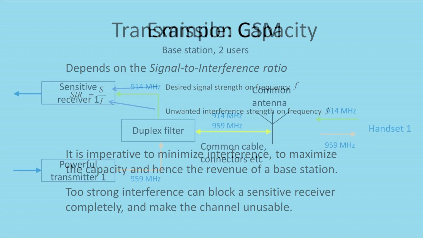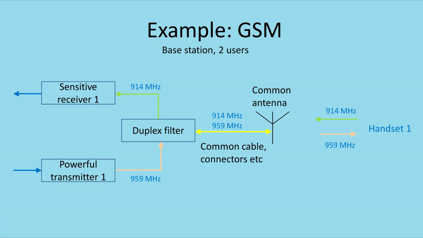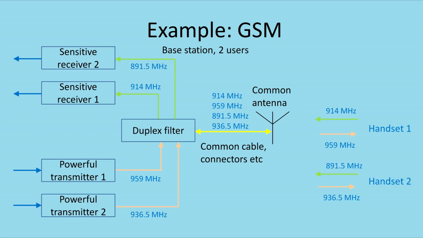Let us go back to our base station example before. Now we would like to introduce a second user into the system, so the present user will be noted user 1, and the new user will be number 2. As can be seen in the figure, we have added a new transmitter and a new receiver. The frequencies for user 2 are 891.5 and 936.5 MHz respectively.